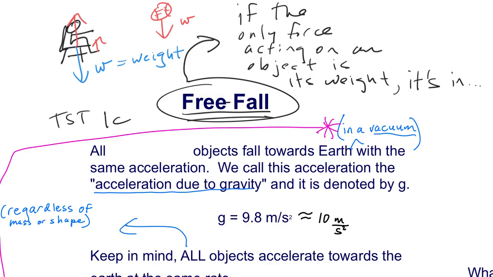Okay, so where the ball was falling and there's a little bit of what we call air drag on it, then it's not in free fall. It could be falling, but it's not freely falling. So free fall means the only force acting on the object is the weight of the object.